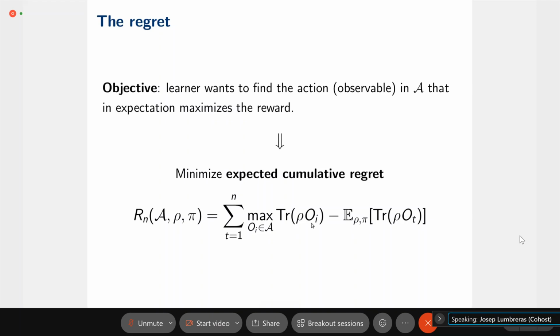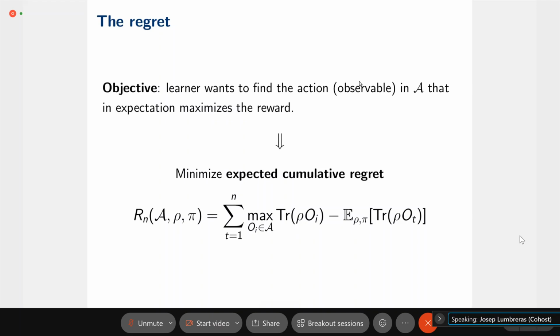So what you want to do is minimize this quantity, because if at round t you are choosing the observable that maximizes this trace of rho O, then the regret will be 0. This is the relative loss that you have at each round. What you want is to minimize this, because as soon as the regret is constant at some point, it means that you have learned the best observable. So this is the meaning of regret. It quantifies the relative loss of this learning task.